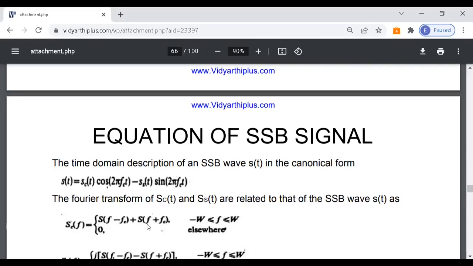And of course, you are quite up to speed on your Fourier transform. So convert this time domain signal to this.